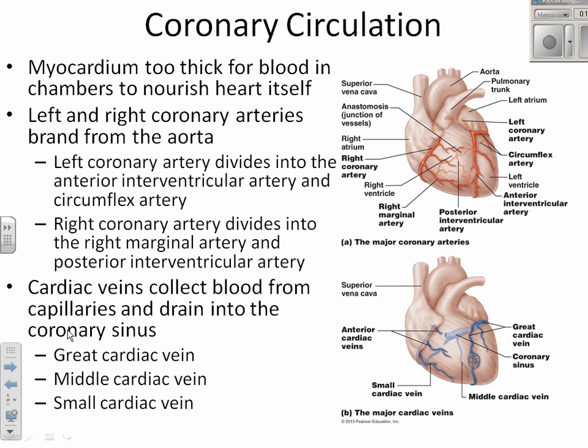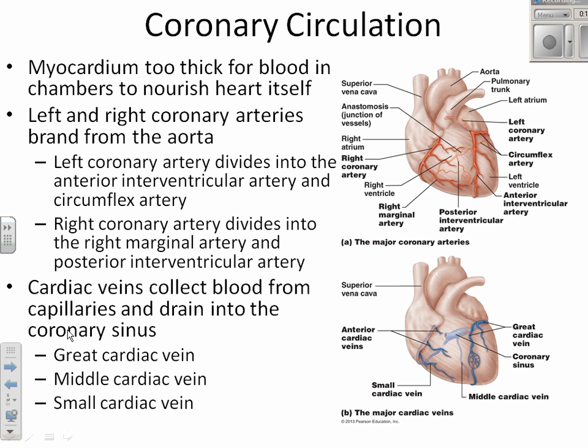So the heart has to have its own blood supply. Okay? So that's important. As blood's pumping to the chambers, which is obviously not enough to oxygenate the heart, it's also pumping to the coronary circulation and then pumping back through. And that's what you're seeing here.